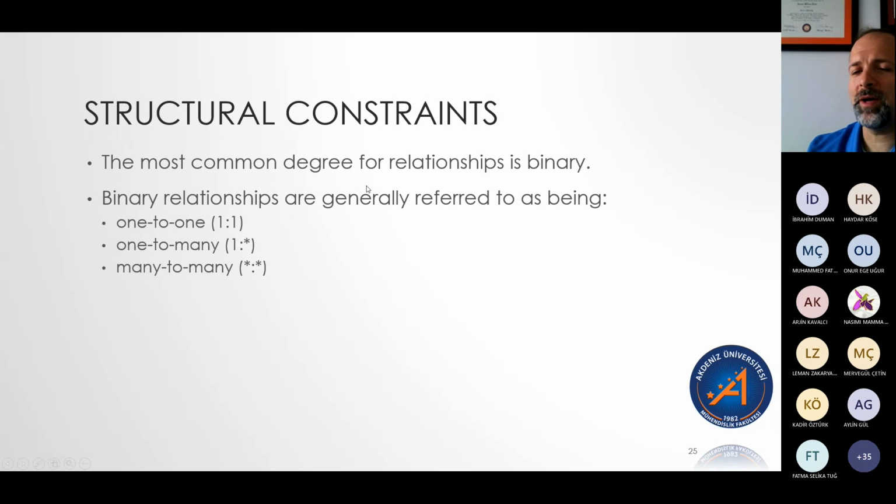The most common degree is binary, meaning there's one entity to one entity, so two entities involved, right? And we can have different types of relationships. We can have one-to-one, we can have one-to-many, or we can have many-to-many.